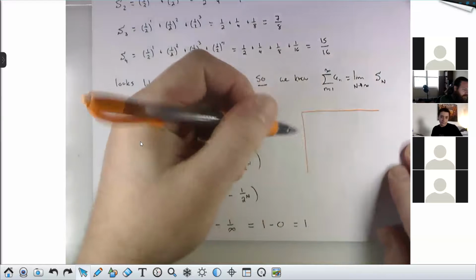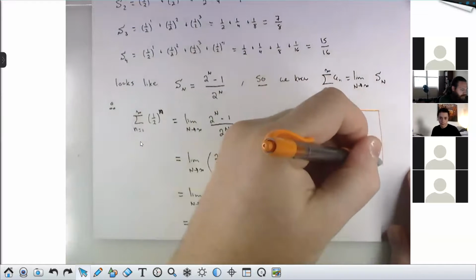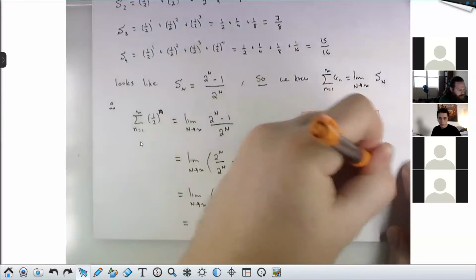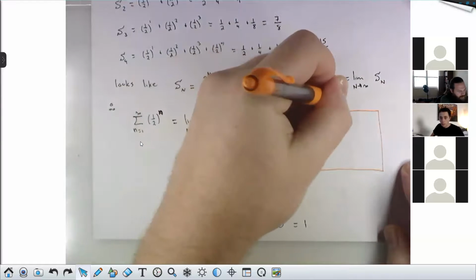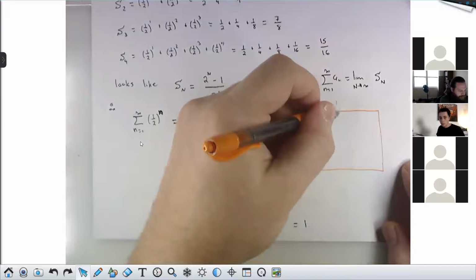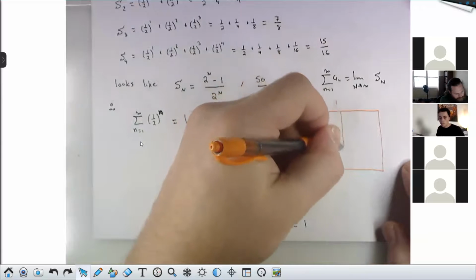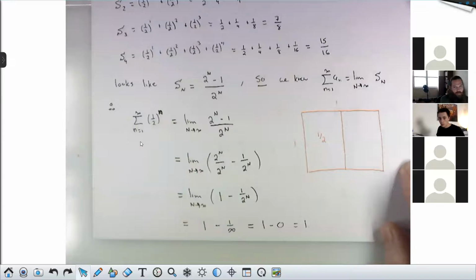The reason this is called geometric is because if you take a square with side lengths 1 and you begin chopping it up, this piece now has area 1/2, right?